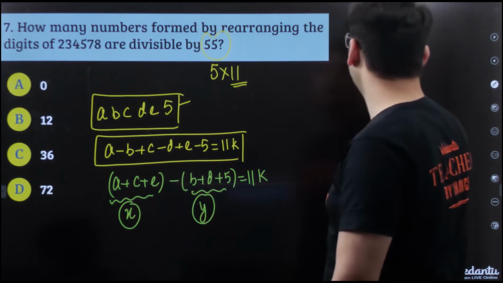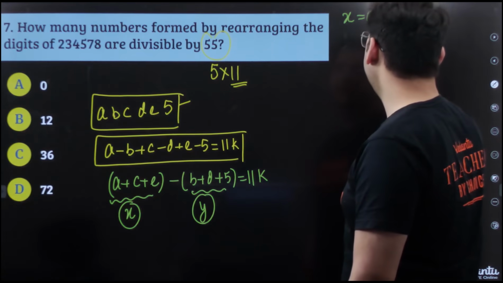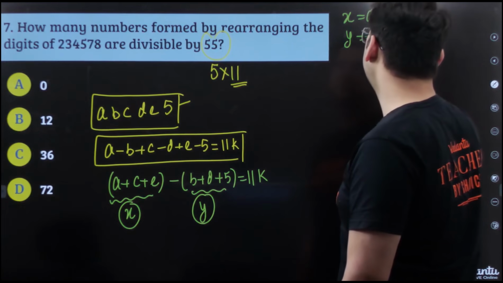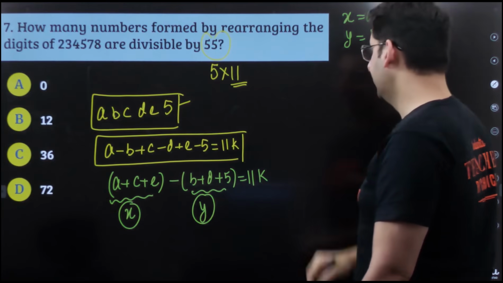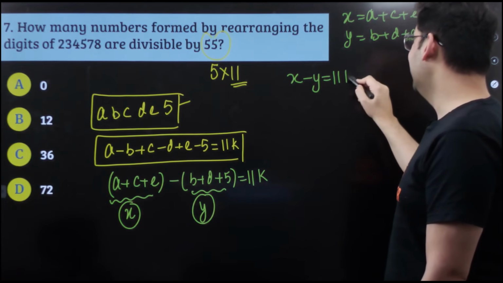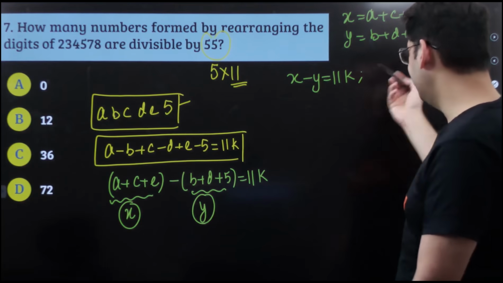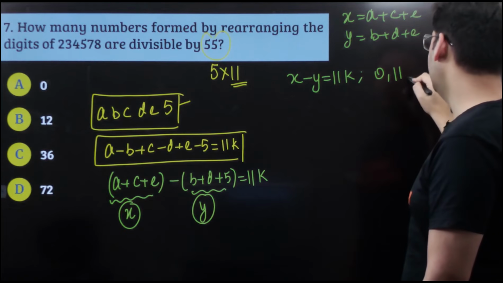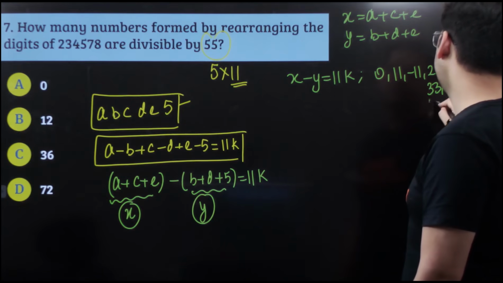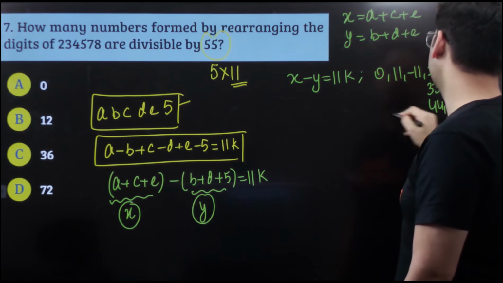So basically what I'm doing is x is a plus c plus e and y is b plus d plus 5. So as per this x minus y is equal to 11k. 11k मतलब क्या क्या हो सकता है? It can be 0, 11, minus 11, 22, minus 22, 33, minus 33, 44, minus 44 and so on.